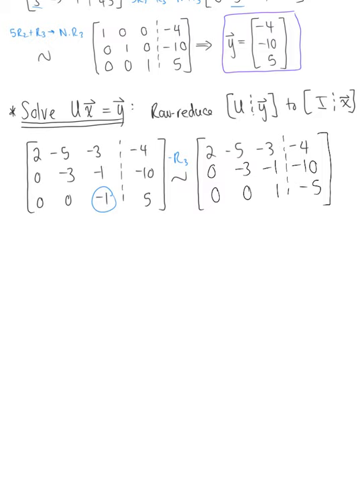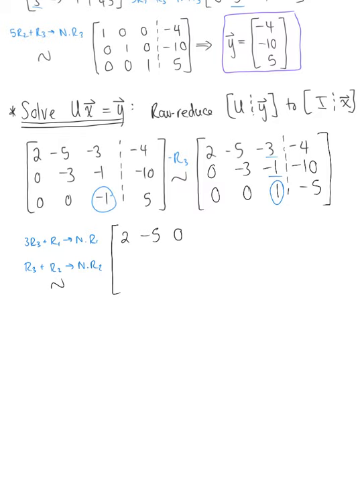And so using that third pivot here, we want to use it to eliminate the entries above it. So we'll have 3 times the third row plus the first row to attain the new first row. And we'll also have our third row plus the second row to attain the new second row. So this leaves us with the matrix 2, -5, 0.